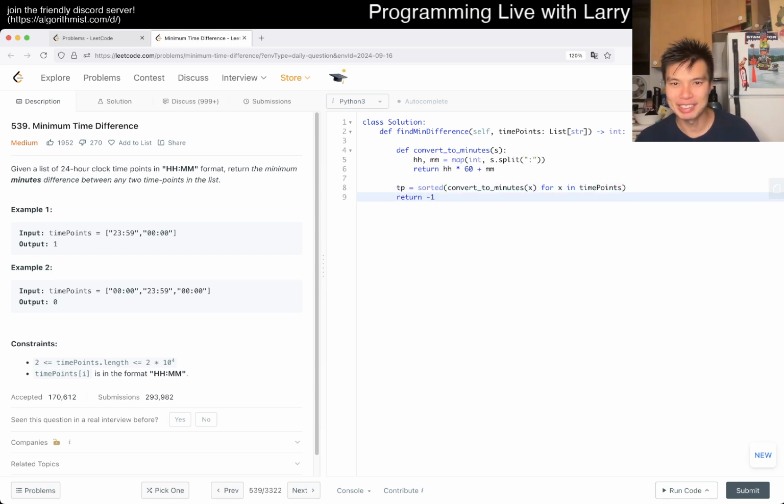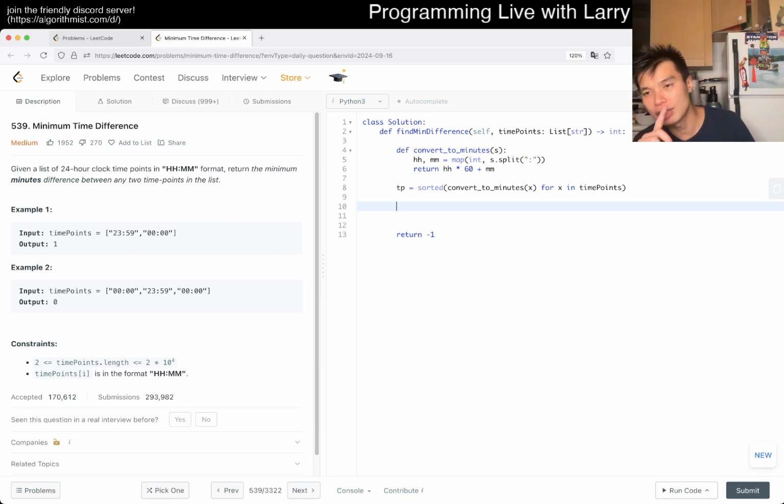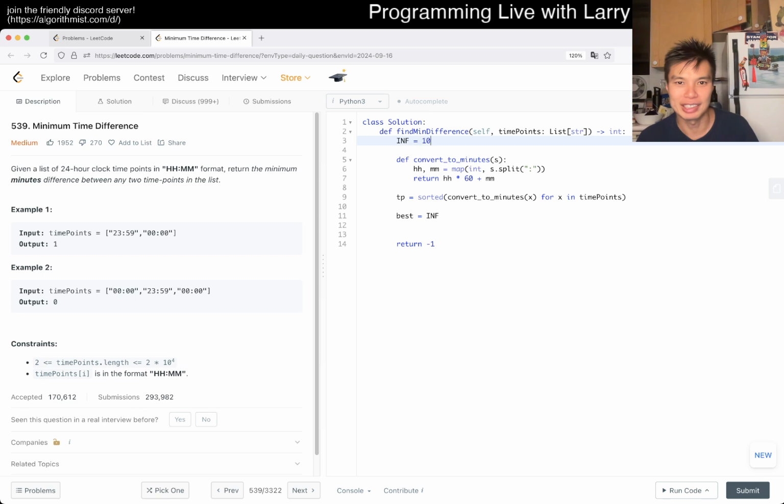The answer is always going to be around two adjacent ones, or of course if you wrap around. So now maybe best is equal to infinity, because I always like infinity as a default. To infinity and beyond, as they say.